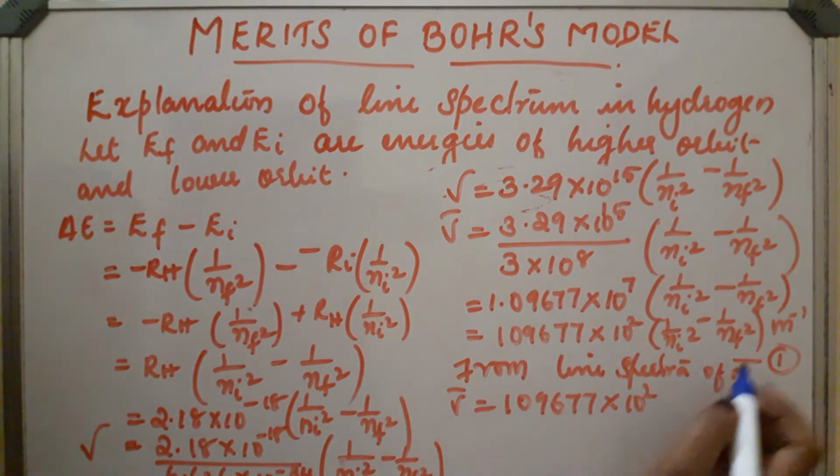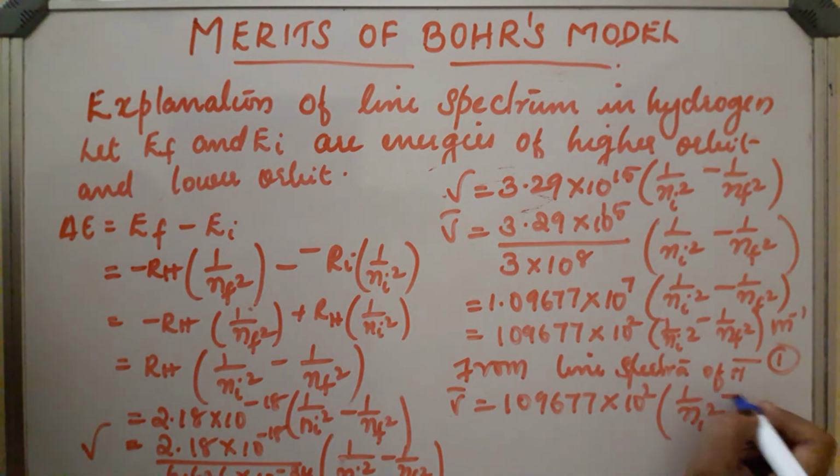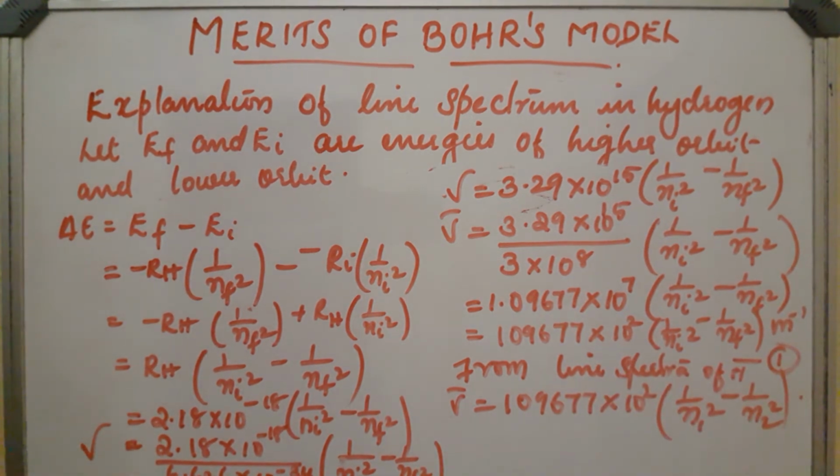Converting it into meter inverse, we get the same value into 1 by n1 square minus 1 by n2 square. Both are the same. So this shows that Bohr's model explains the atomic spectra of hydrogen.